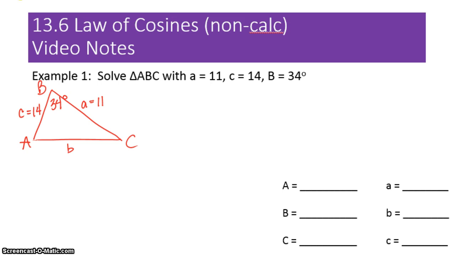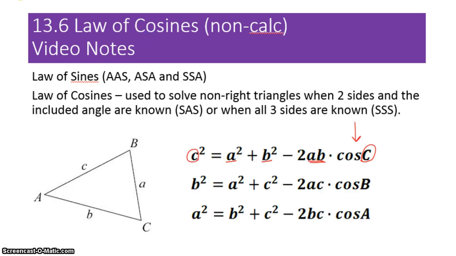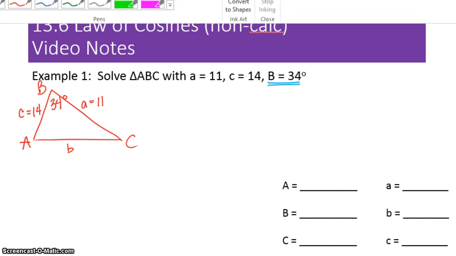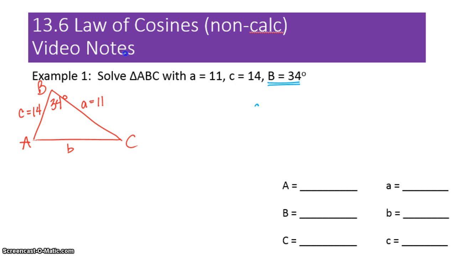So that's why you can see that law of sines will not work, and therefore we have to use law of cosines. Okay, if you remember I said notice and start with what angle do you have? You have angle B. So let's go back and look. You have angle B, and therefore you're going to use this middle formula. So we're going to set this up, and we can start from right to left, like I said, by knowing we're going to end with cosine angle B, which is 34 degrees.